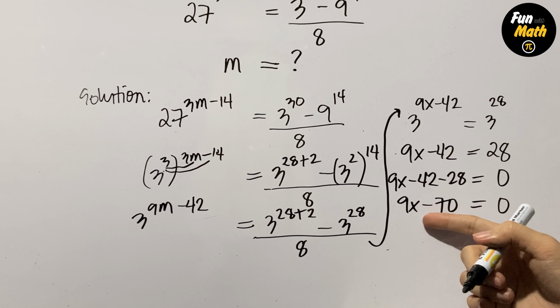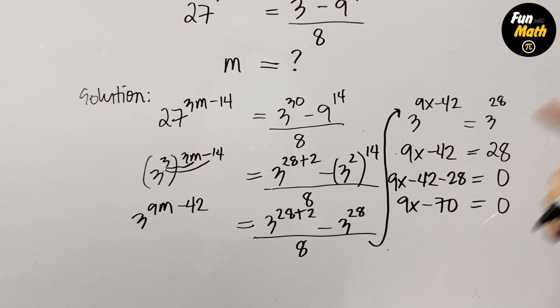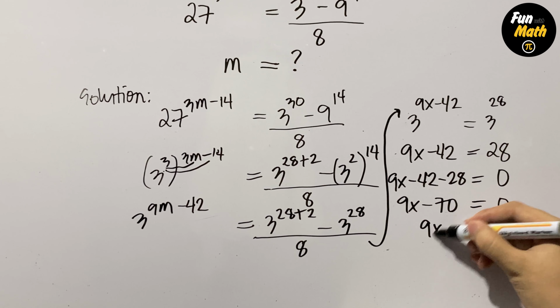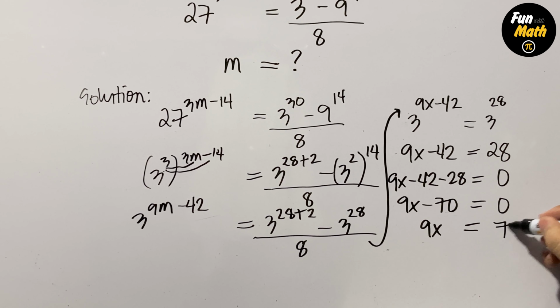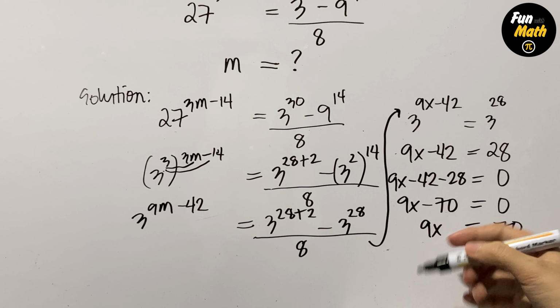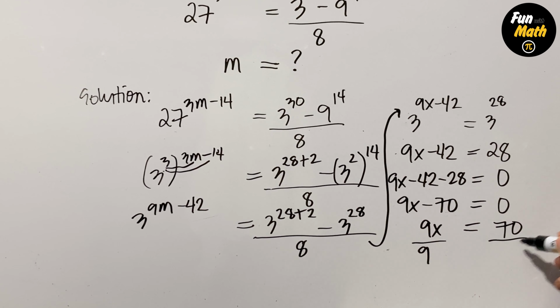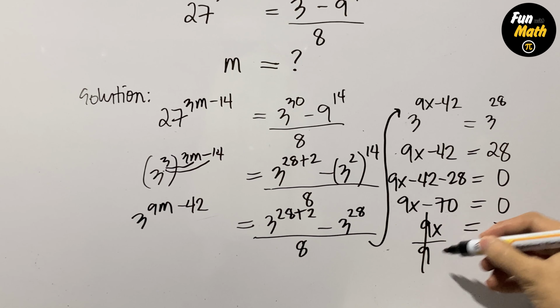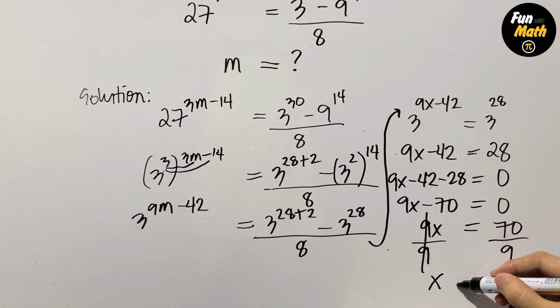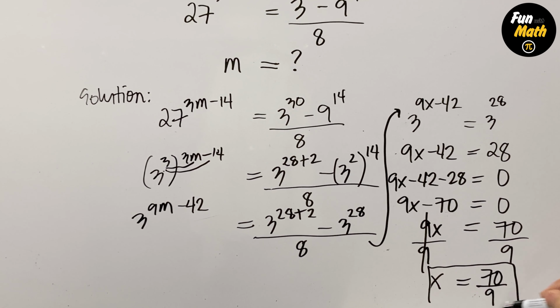And then let's take negative 70 to the other side, and that is 9m is equal to 70. And let's divide both sides by 9. So this will be cancelled. We have m is equal to 70 over 9. And this is the final answer. m is equal to 70 over 9.